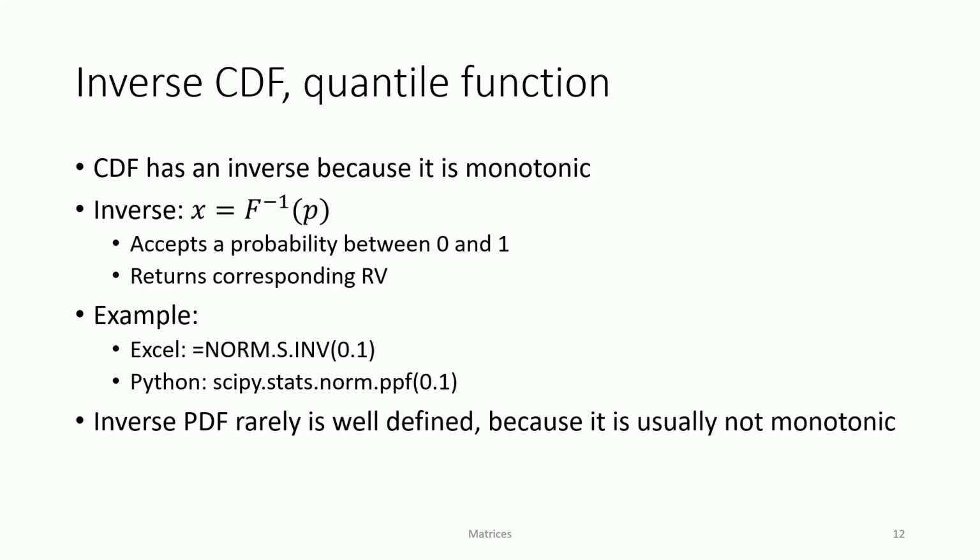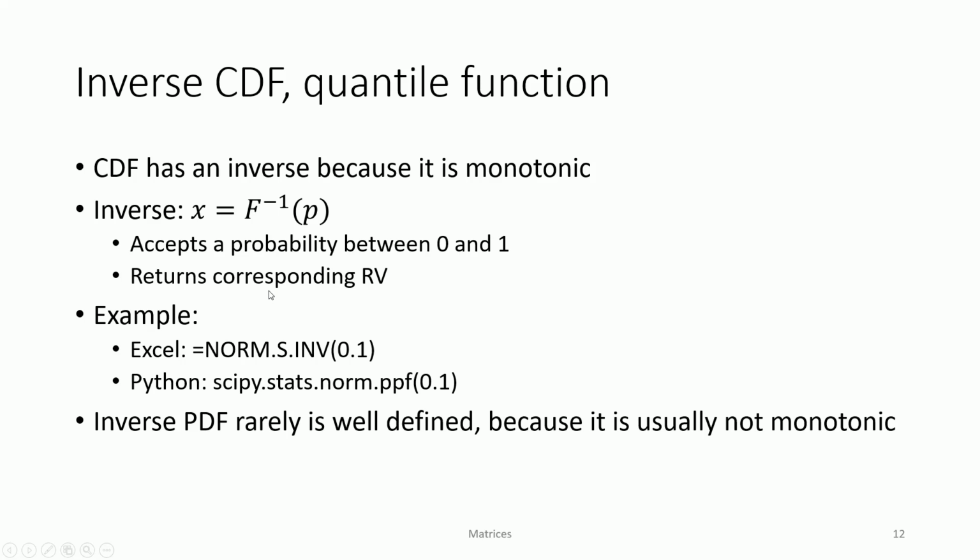If we provide the number between 0 and 1 into the inverse CDF, which is usually denoted with f power minus 1, right, like an inverse, any number between 0 and 1, you will get a value x itself. You will get the random variable back. So it accepts numbers between 0 and 1 and returns the corresponding random variable.